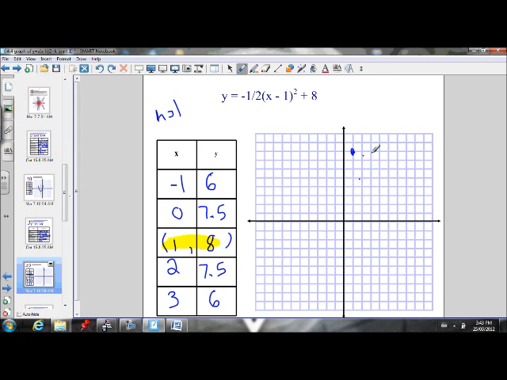We go 2 to the right on the x-axis, and then 7.5 up. The point will be right there. If I go 3 to the right and then 6 up, the point will be right here.